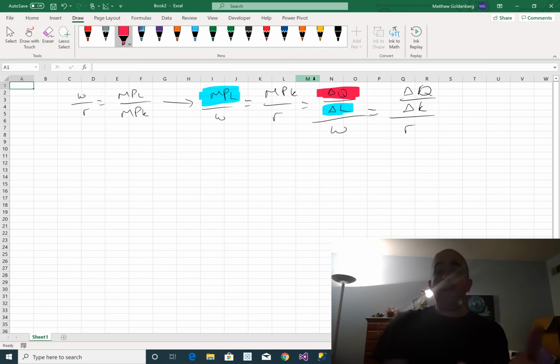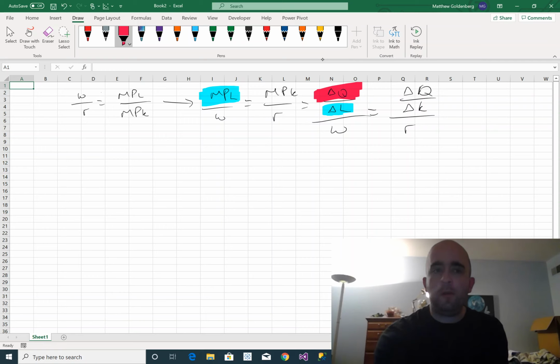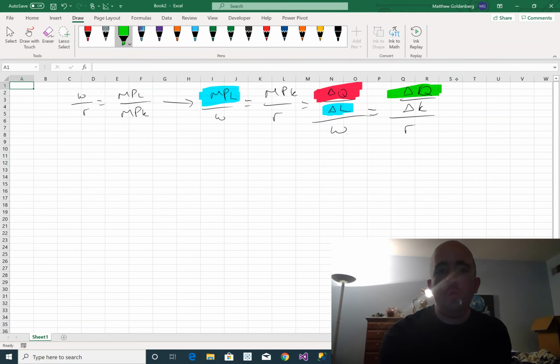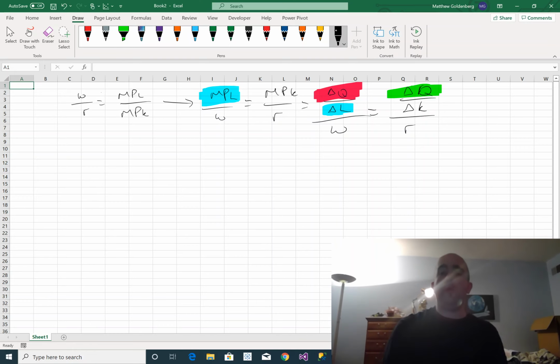We're increasing how effective our labor is by doing that training program. But notice, we're doing something to one side without doing it to the other side. In basic algebra, we're doing something to labor that we're not doing to capital.